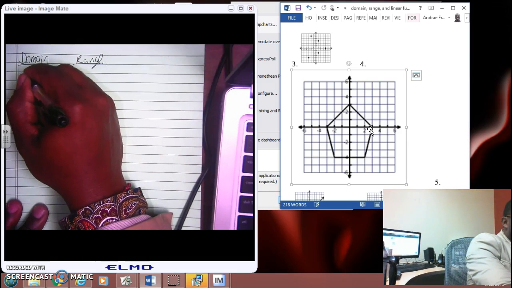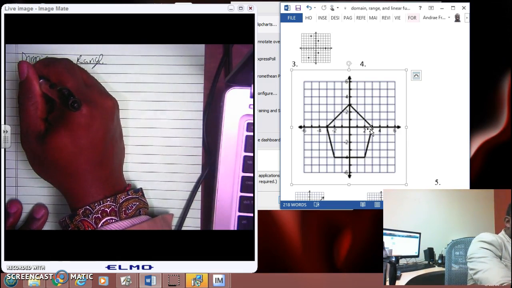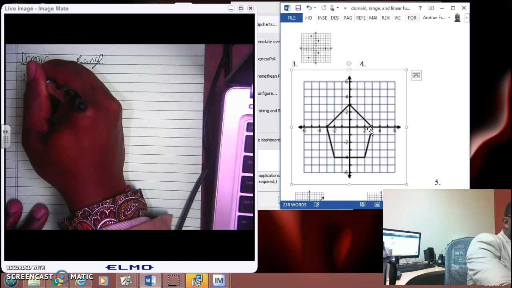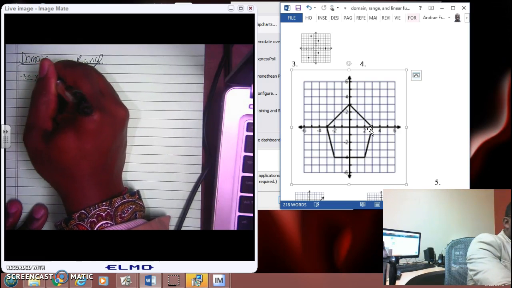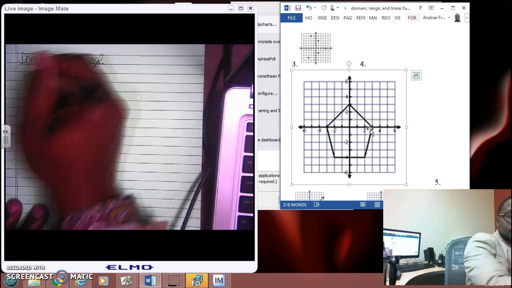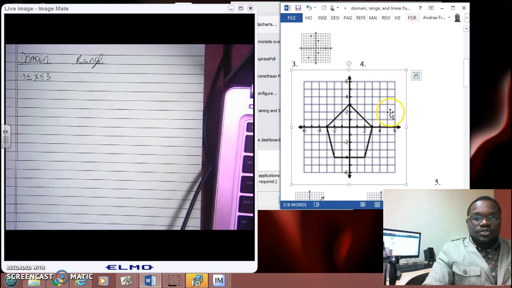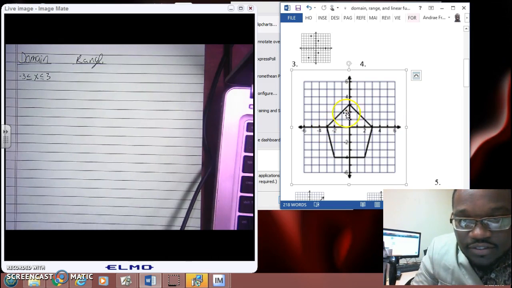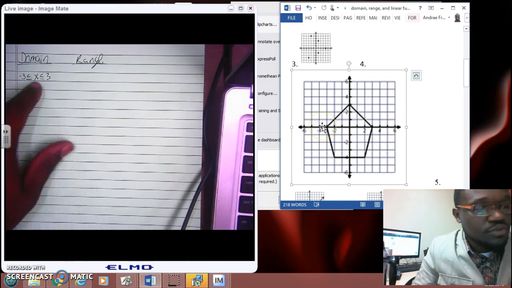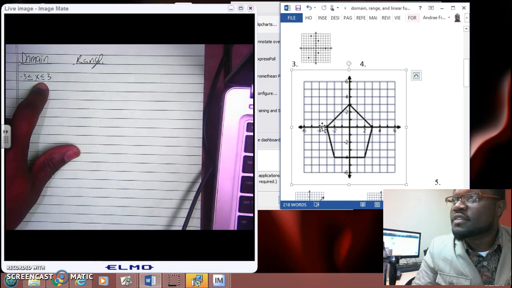You could say x is greater than and equal to -3 and less than or equal to 3. Now, why did I use equal to? Because it's included. It's a dot right there. If there's an open circle, then I would have used just greater than and less than. Okay?